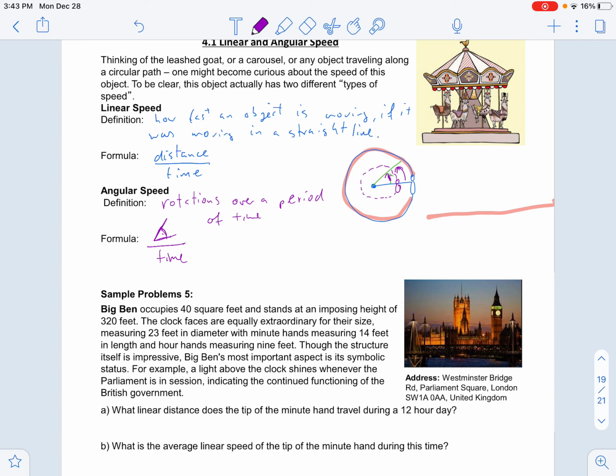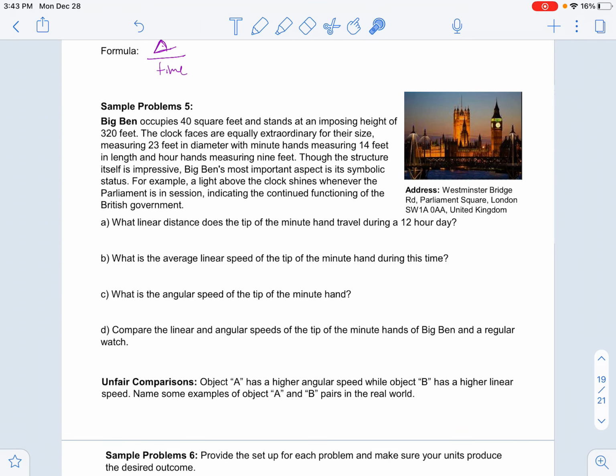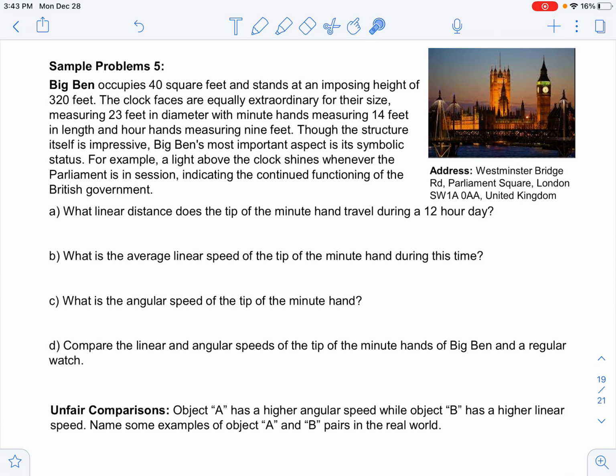So now let's talk about how this would look in some of our problems. Let's look at this Big Ben problem, and you guys should be somewhat familiar with Big Ben, which is basically the clock tower. But we're going to talk specifically about the clock in there. Read through it really quick. Pause me.